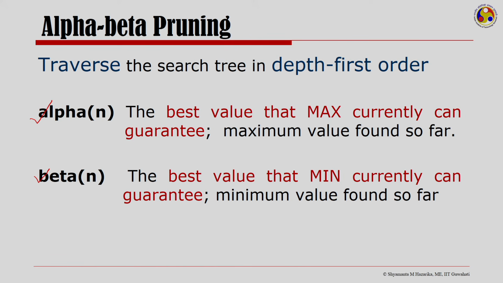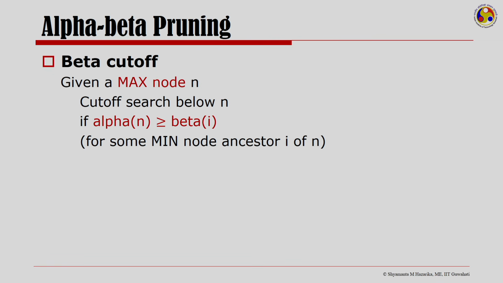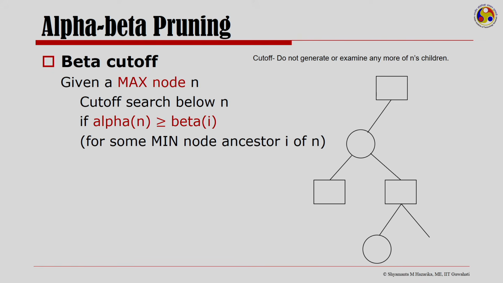Now having defined alpha and beta, let us see when we cut out branches of a tree, which is called an alpha cutoff and which cutoffs are called a beta cutoff. In order to define beta cutoff, let's take a sample tree.